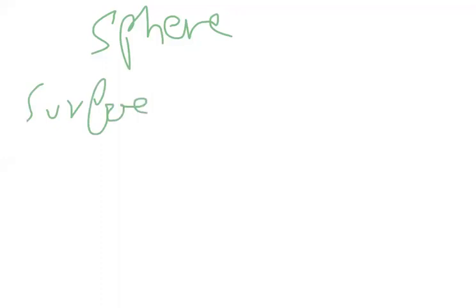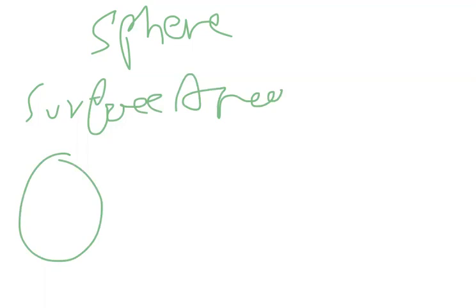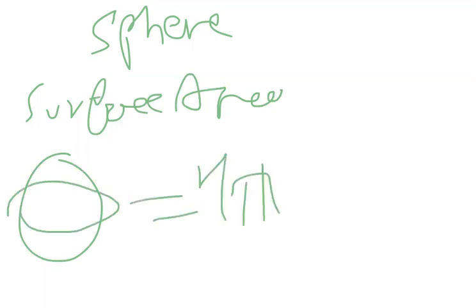Okay, and then the sphere, which is like a 3D circle, if that makes sense. The surface area, so basically this will be 4 pi r squared, where r is the radius.